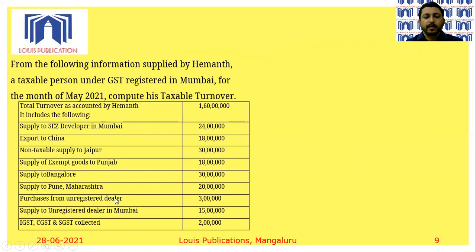Then purchases from an unregistered dealer are given, which will not form a part of taxable turnover, so must be excluded. Then supply to an unregistered dealer in Mumbai. We are registered, so if we are supplying to an unregistered dealer it does not matter, because we are going to collect GST. So that 15 lakh will also be a part of taxable turnover and need not be deducted. And taxes collected, 2 lakh, will be deducted, because taxable turnover does not include the GST amount.